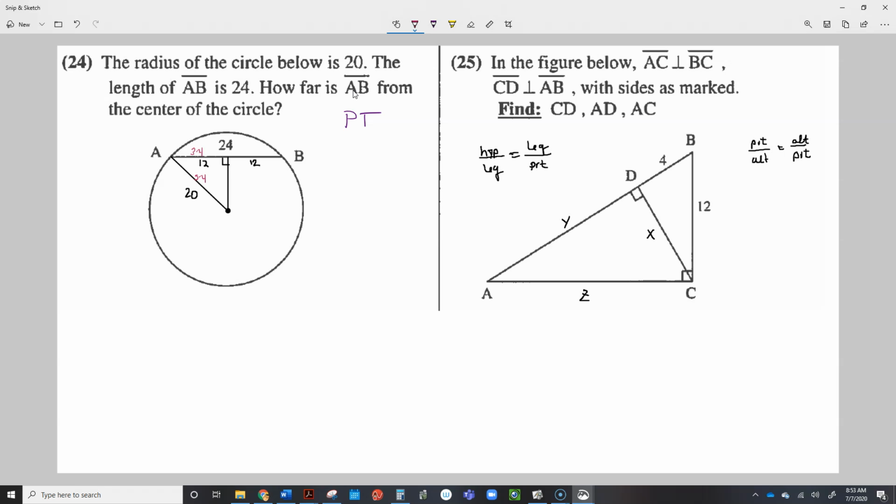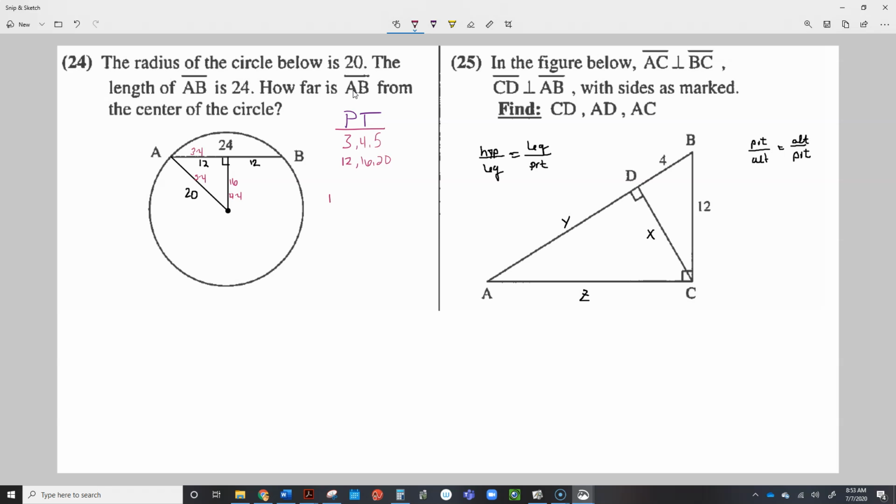So this one over here is probably going to be 16, because that's 4 times 4. That's a 3, 4, 5 Pythagorean triple, and you multiply them all by 4, and you get 12, 16, 20. So 12, 16, 20. Of course, you don't have to recognize that it's a Pythagorean triple.